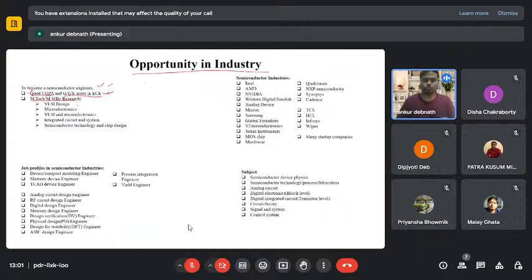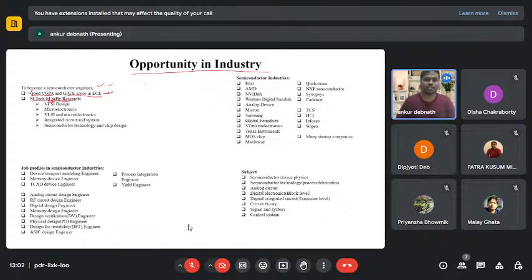But if you want to move to the core group, where you have to deal with different IC chips, device characterization, IC characterization, designing, then you must do an MTech or MS. Many of the IITs provide this MS course.